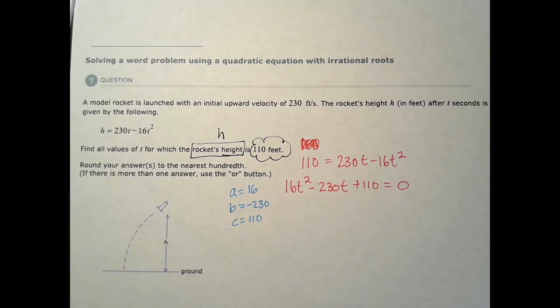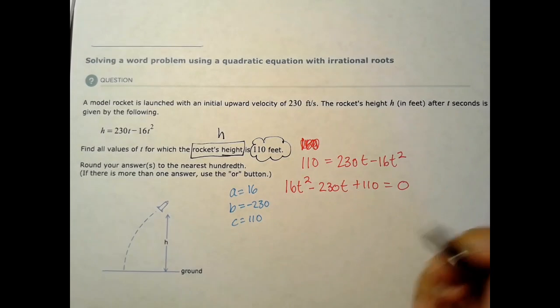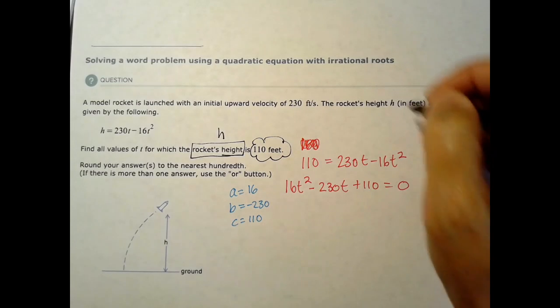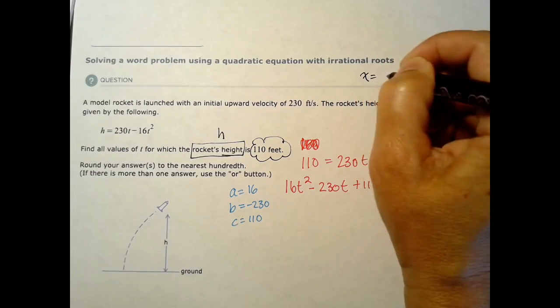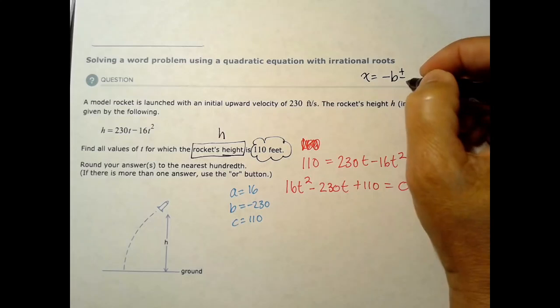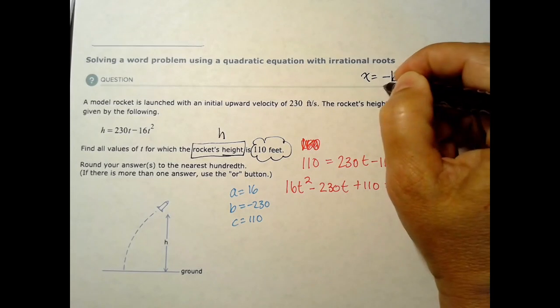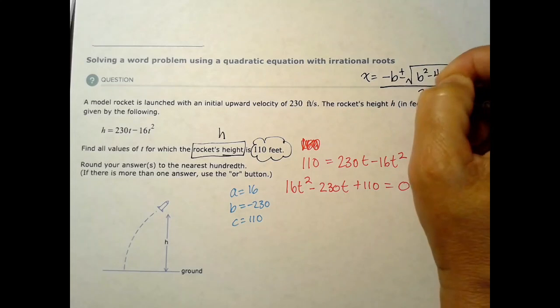So what I do need now is the quadratic formula. The quadratic formula is typically written in terms of x, and so you see it as x is equal to negative b plus or minus the square root of b squared minus 4ac, and that whole thing is divided by 2a.